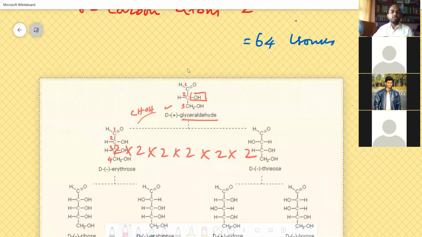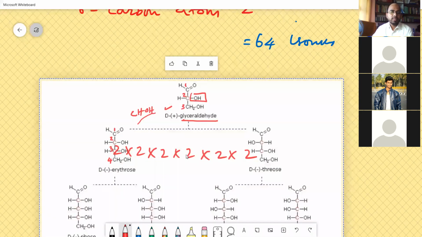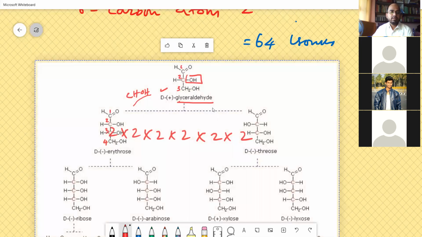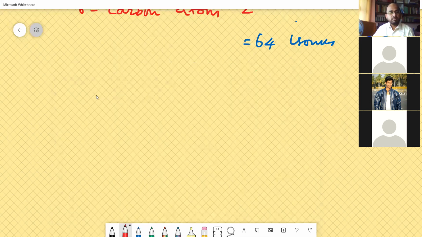I am able to introduce that one extra carbon atom. Can you see that? I am able to introduce one extra carbon atom.